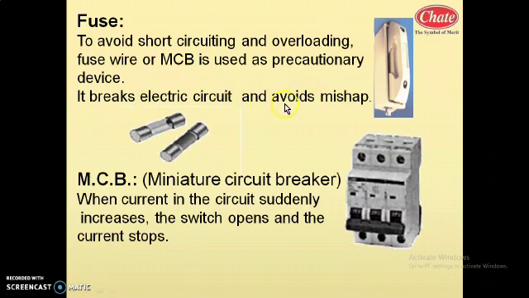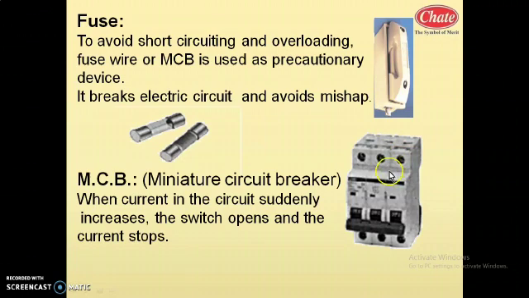How can it break the electric circuit? Whenever excessive current is drawn through the circuit, when your circuit draws more and more current, it comes through the fuse. If the current increases, the heating effect in the wire increases, in the whole circuit.